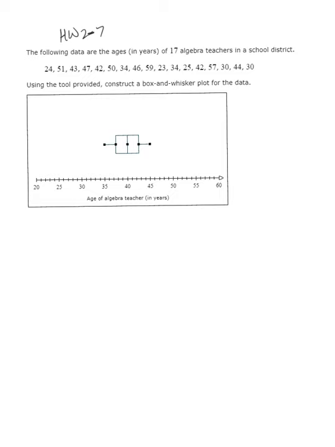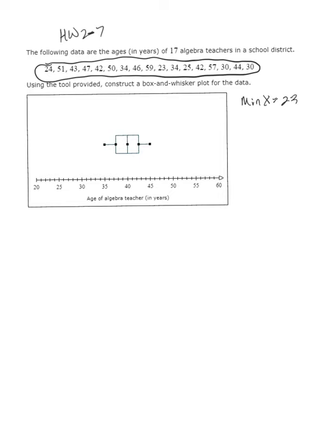So what you want to do is take these numbers here, enter them into your calculator, run one variable statistics on them, and scroll down until you see the following data where it says the minimum.